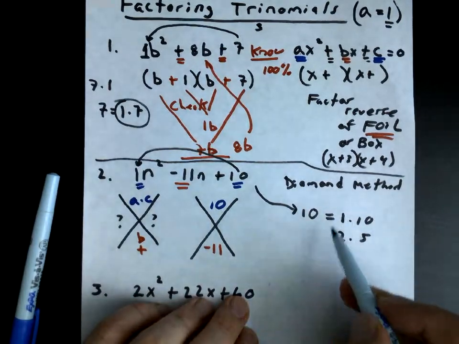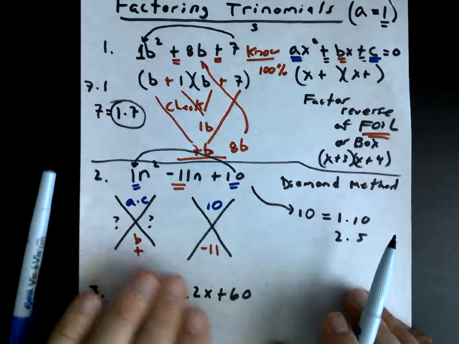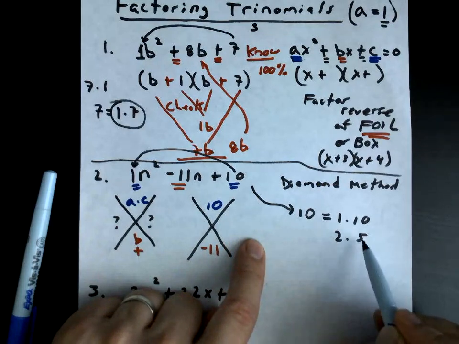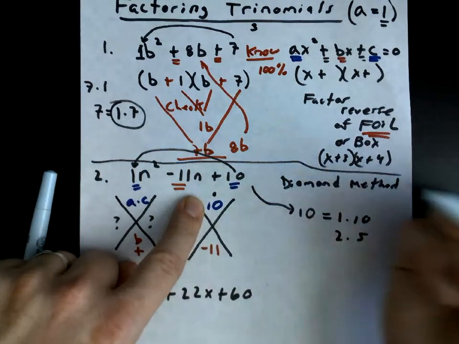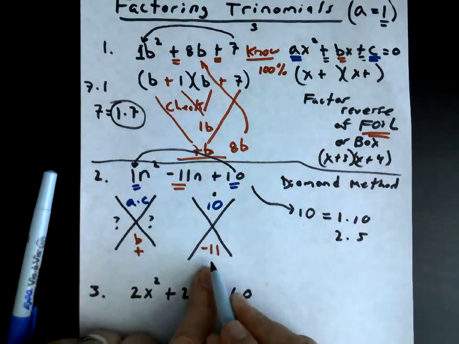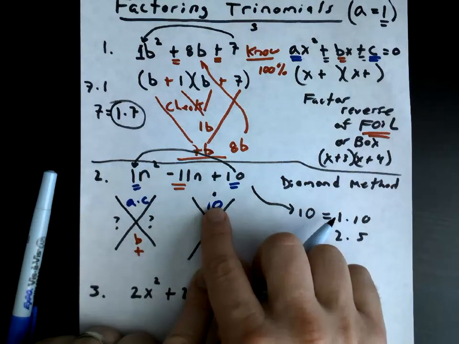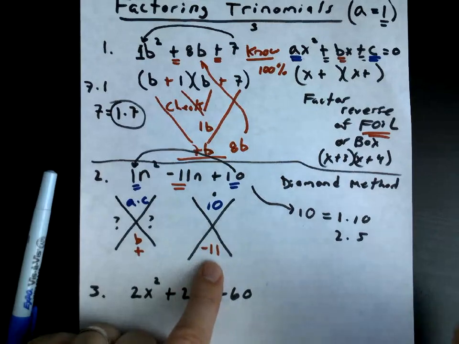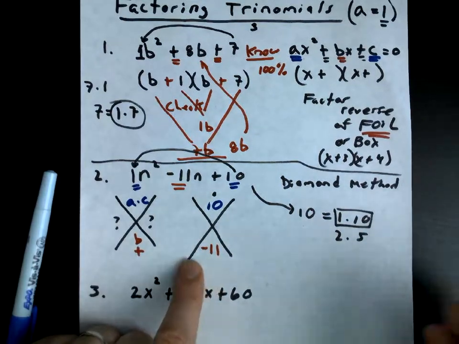That's all I can do to break down 10. Now I need to think about what two of these multiply to make 10 and subtract or add to negative 11. If you said this one, you are correct. So I'm going to put 1 and 10.